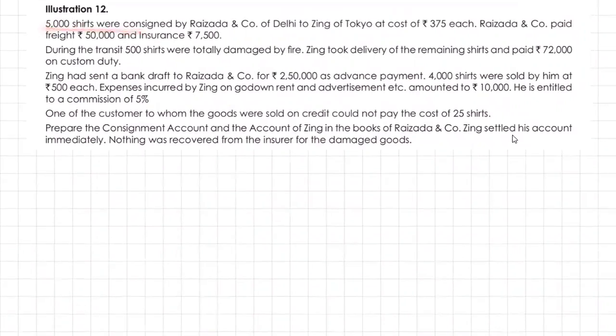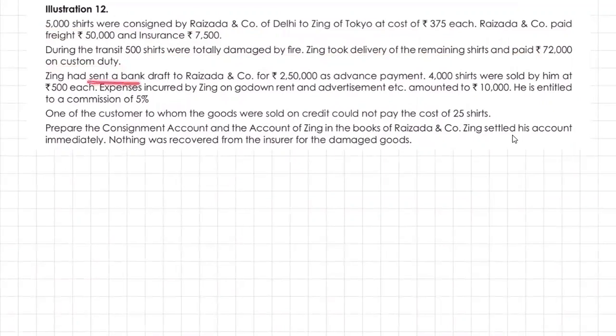5,000 shirts were consigned by Raizada and Company of Delhi to Zing of Tokyo at a cost of 375 each. Raizada and Company paid freight of 50,000 and insurance of 7,500. During the transit, 500 shirts were totally damaged by fire. Zing took the delivery of the remaining shirts and paid 72,000 on custom duty.